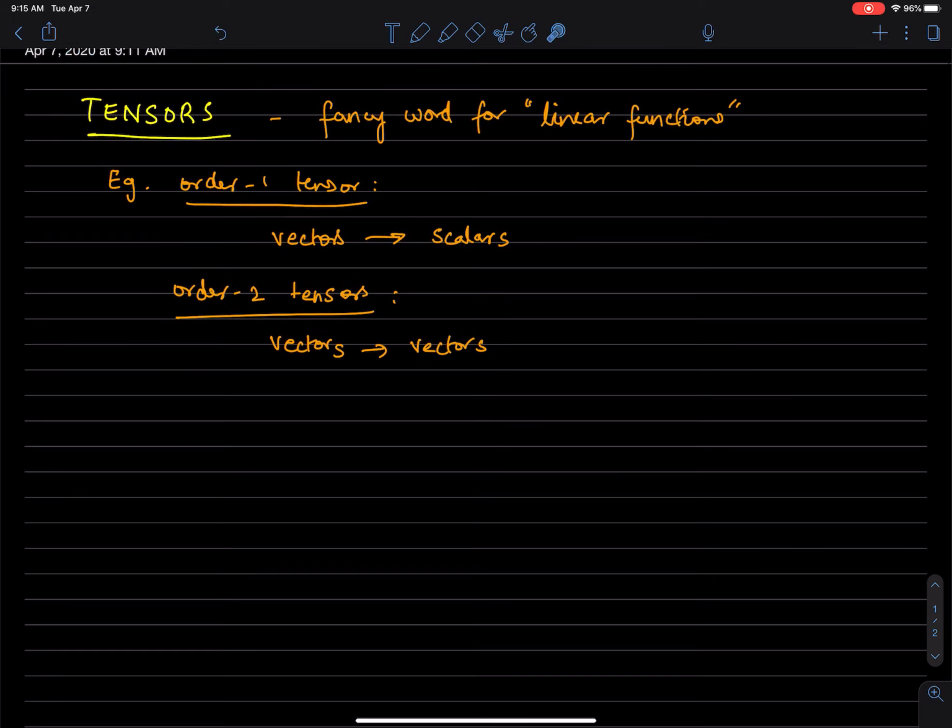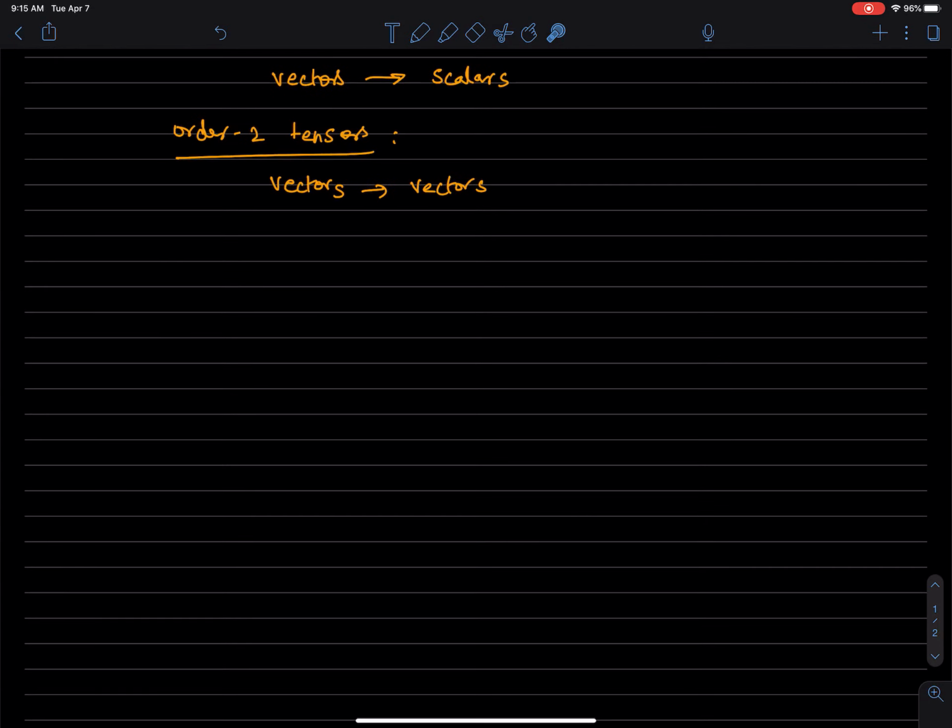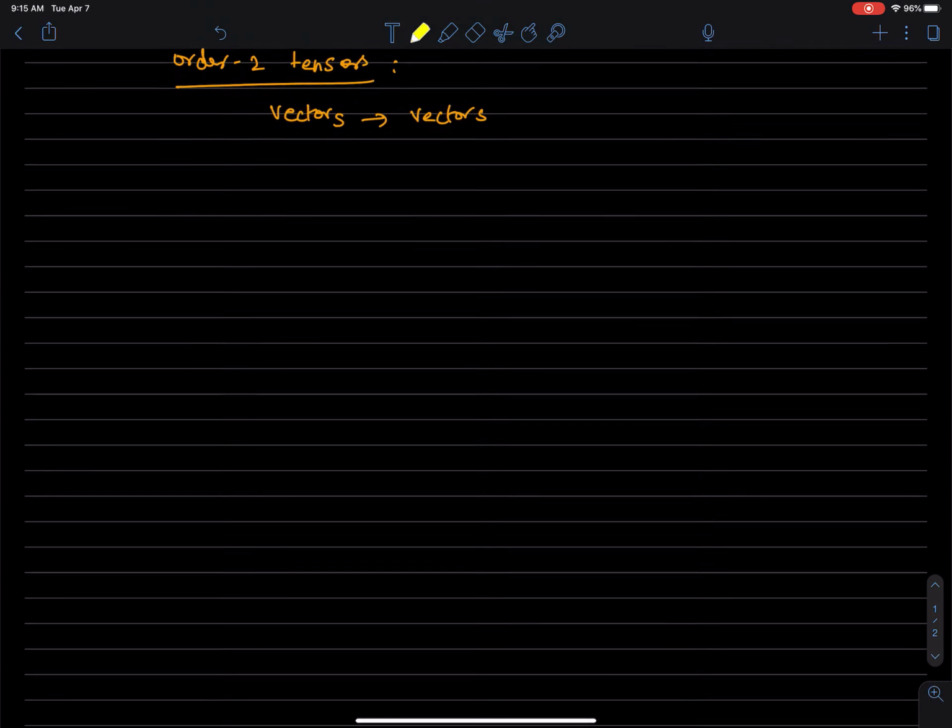Now, what do we mean by a linear function? So let's recall what the definition of a linear function is.